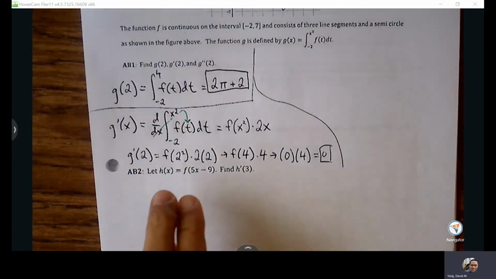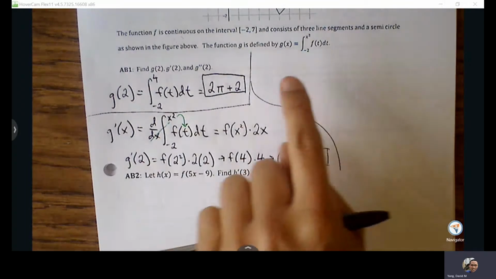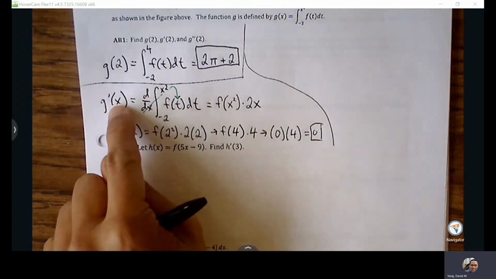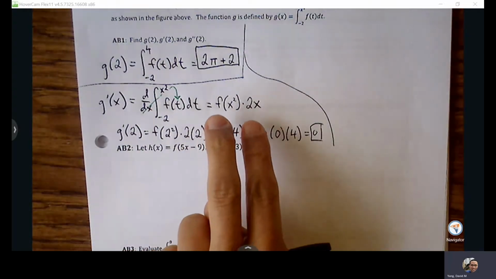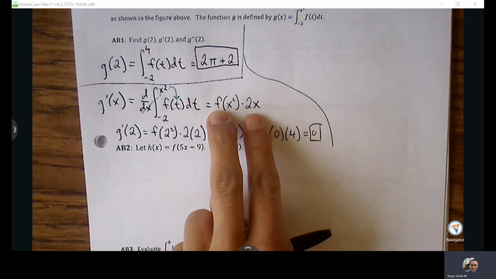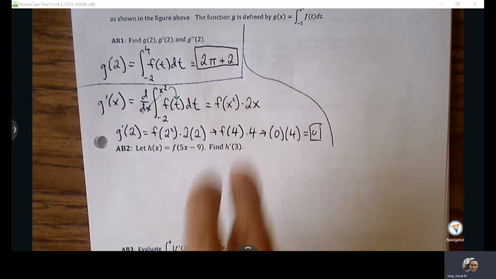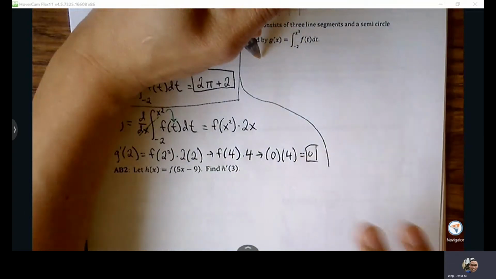Okay, so if I want to find g double prime of 2, I need to find g double prime of x. To find g double prime of x, look at how this is set up. Can you tell what's involved here if I want to find the derivative of this? Product and, good, product and chain. Okay, let's get that set up.